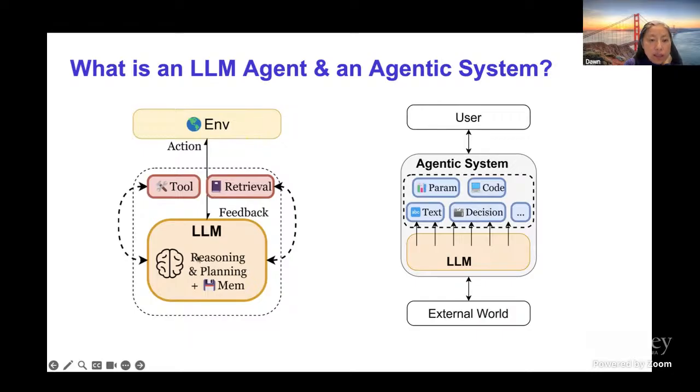Then it can use its reasoning and planning to plan its actions to further retrieve data from the external database and use various tools and so on, and then take actions in the environment.